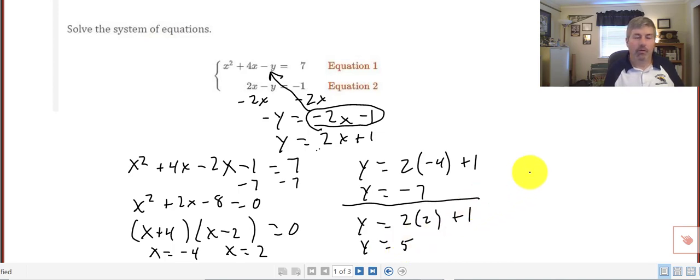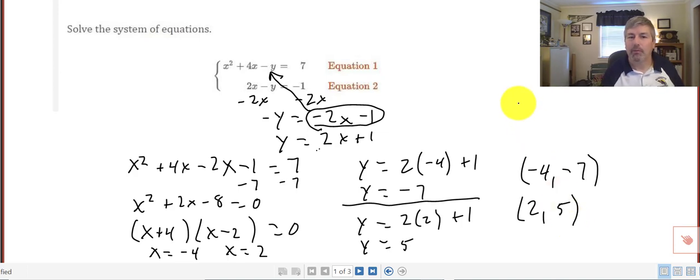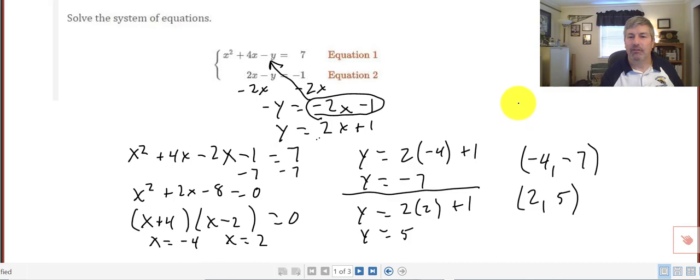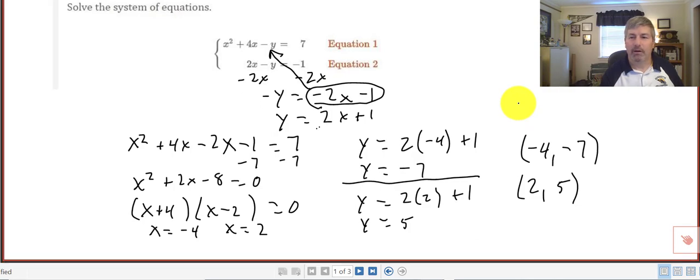So we have a couple ordered pairs for our answers: when x is negative 4, y is negative 7, and when x is 2, y is 5. Now I did check to see if they both work, and they do. We will move on, and that is the solution to our system of equations.